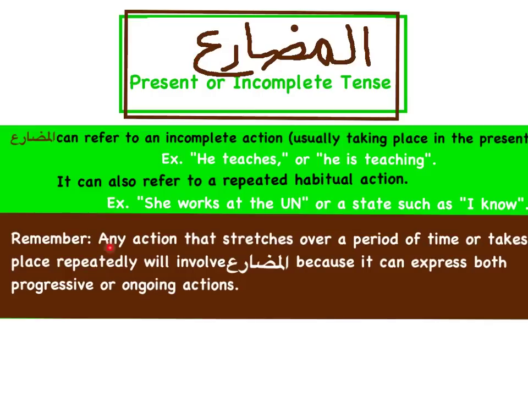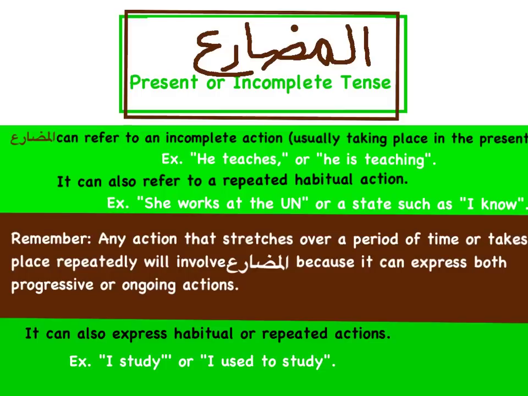So keep in mind, any action that stretches over a period of time or takes place repeatedly will involve مضارع. It's the equivalent of progressive and ongoing actions in English. And it can also express a habitual or repeated action, such as in English you would say I study, and you mean I study every day, or I used to study.